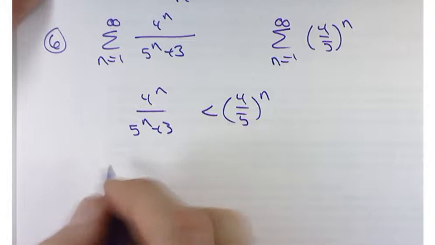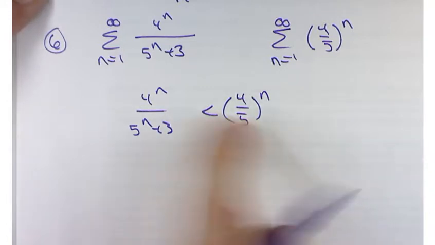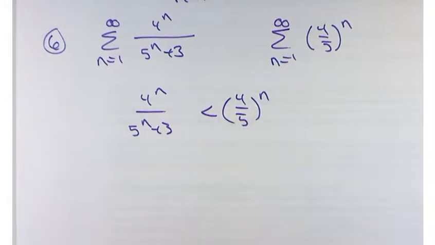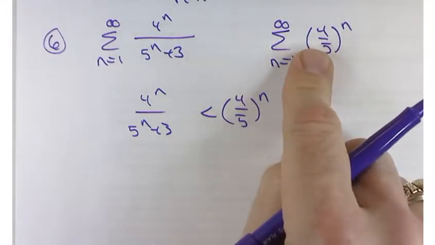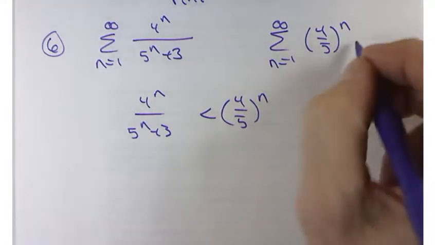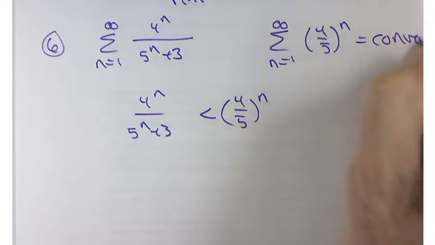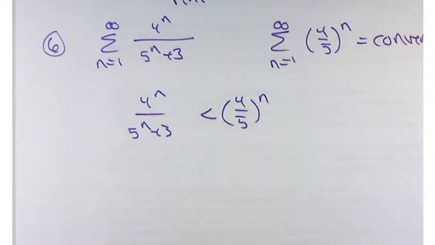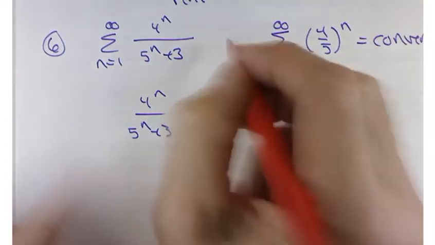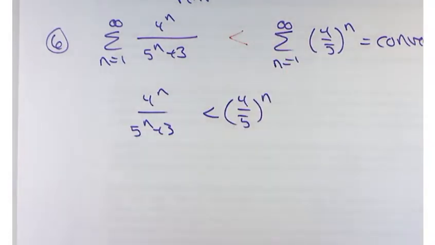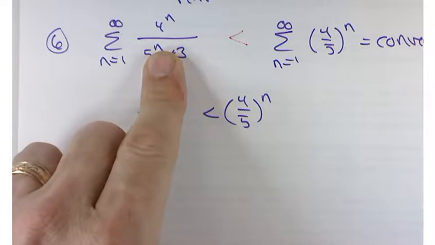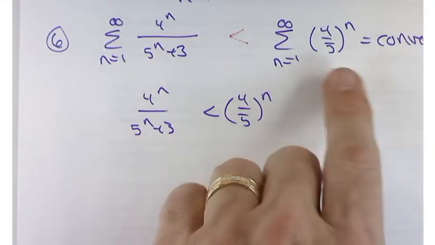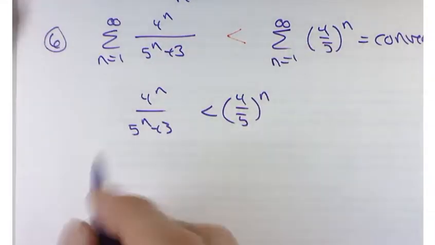So, because these are both positive valued terms and this inequality, because this converges, in fact, we can calculate what it converges to, and this series has to be greater than this, this series converges by the direct comparison test with this one.